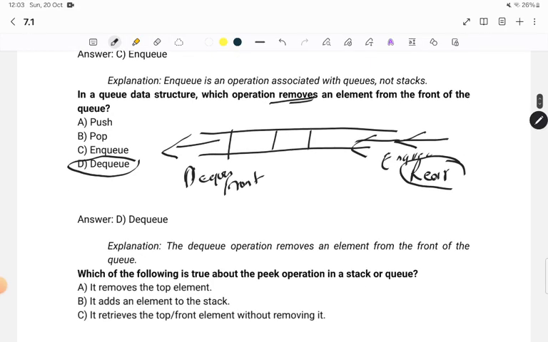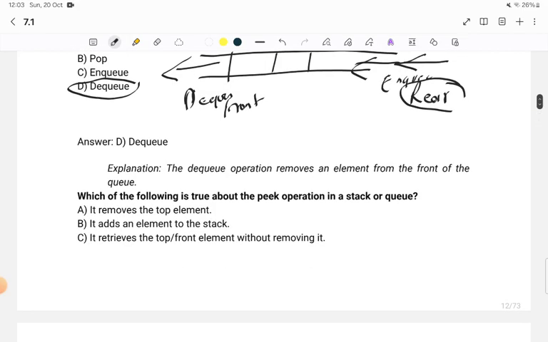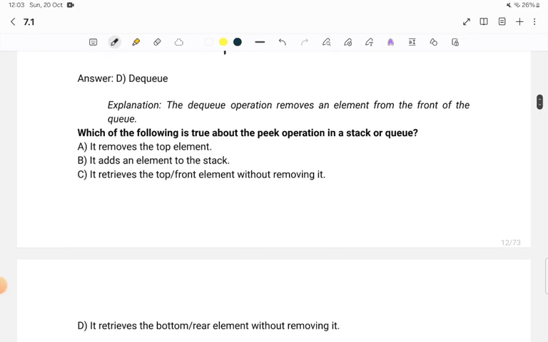Let's go to next question. Which of the following is true about peek operation in the stack or queue? Okay, so the peek operation retrieves the top element in stack or the front element in the queue without removing it. So peek operation is not going to remove the element, it is just going to retrieve the element.